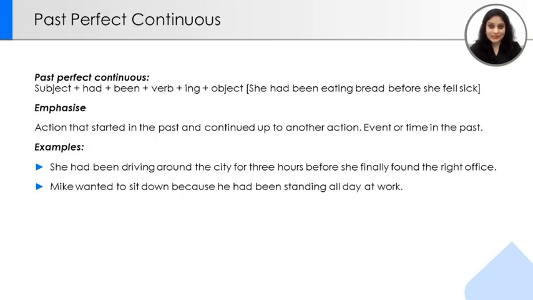The next tense, rather the last form of tense in the past tense series, is the past perfect continuous. As you can see from the name, this tense seems to be a combination of both the past perfect tense and the past continuous tense, and you can expect a complex structure here.